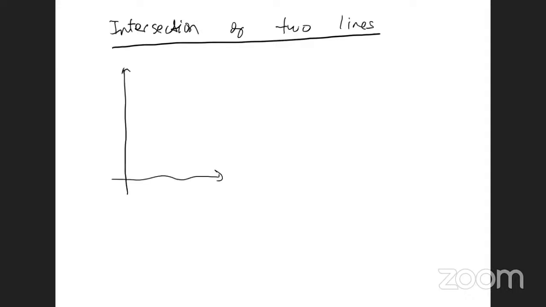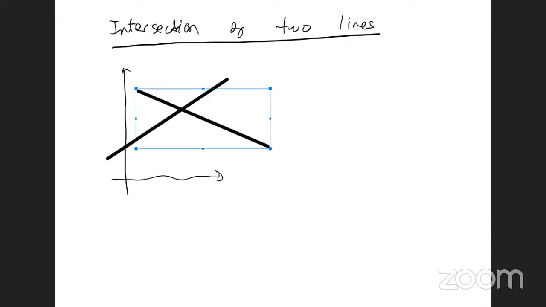All right, so if I give you something like this, if I give you line 1, then I give you a next line, line 2. If I give you line 1 and line 2, how do we find the point of intersection here?